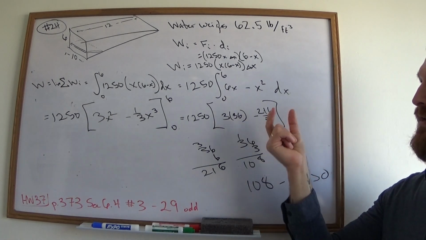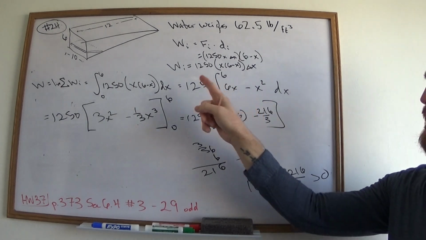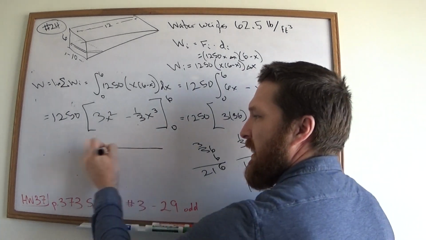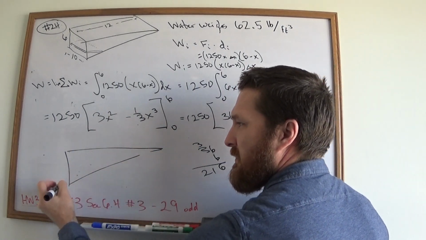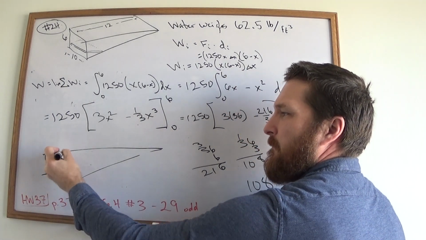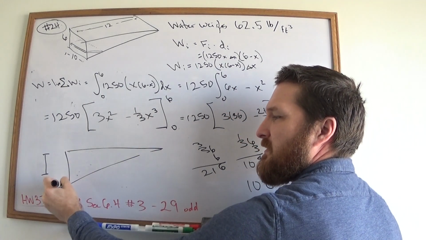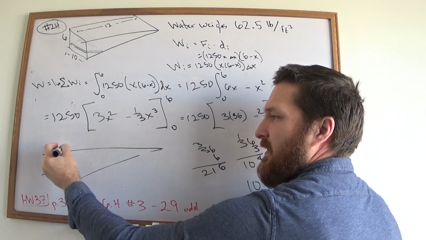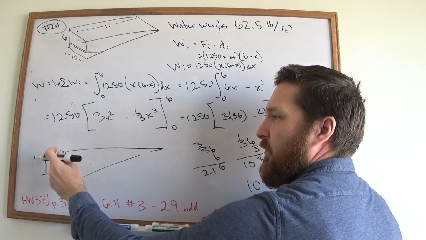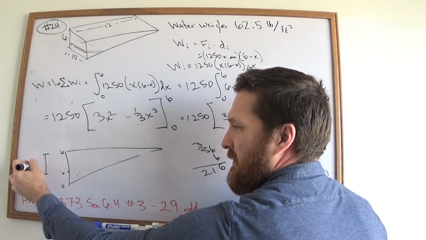Another thing you'd have to worry about is, did I set up the distance the right way? When we were calling this 0 and 6, the distance we need to lift it, when we're at x, was 6 minus x.